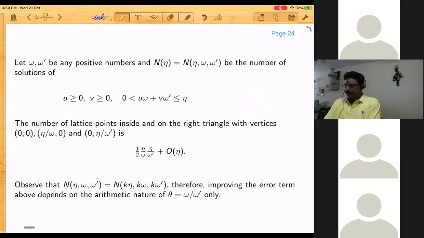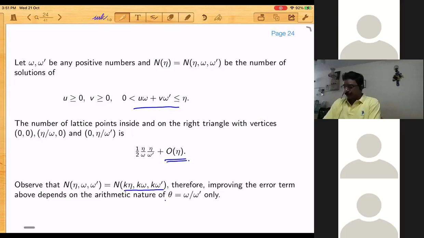Notice that the number of solutions of this inequality is invariant under any multiple of k. Therefore, essentially what matters, the improvement of the error can be obtained only by studying the arithmetic nature of this quantity omega by omega prime.